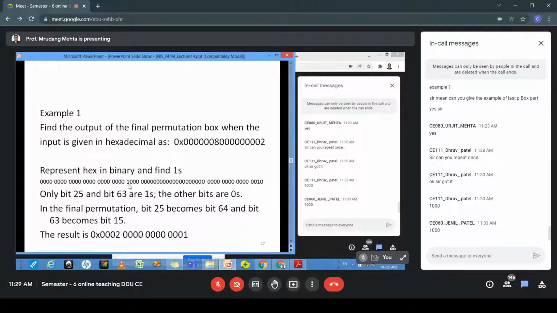Which bit is having 1? 6 into 4, 24, so the 1 is on the 25th position. Understood? 1 is on the 25th position.